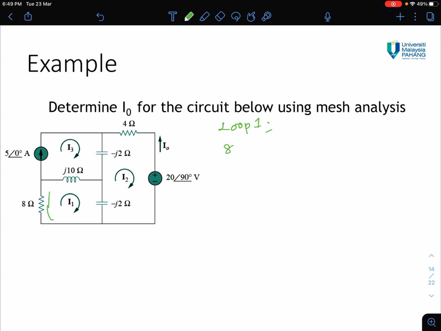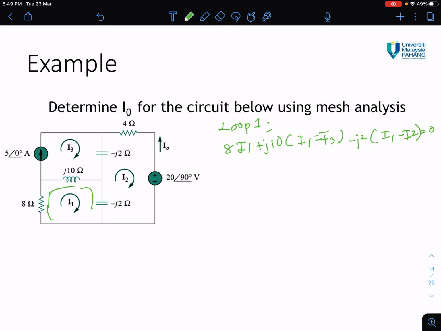We have 8 I1, plus j10 times I1 minus I3, and then minus j2 times I1 minus I2, equals 0. So we need to group I1, I2, and I3 because it's easy for us to use Cramer's rule.